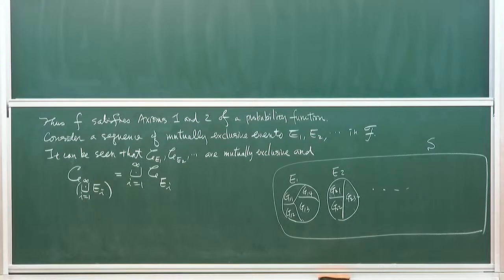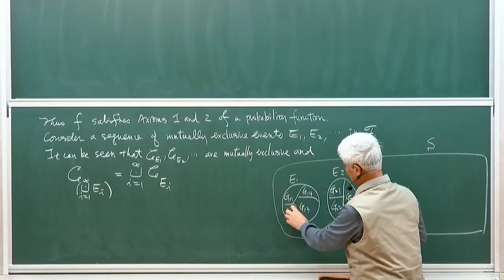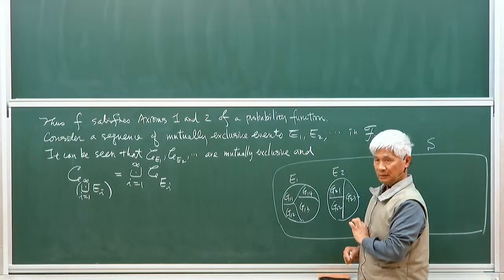Inside E, there are a lot of atomic events, so we collect all the atomic events inside E. And when you take the union, that becomes E, because atomic events are building blocks. We proved in Proposition 2.5(d), the fourth proposition, that every event is built by atomic events.